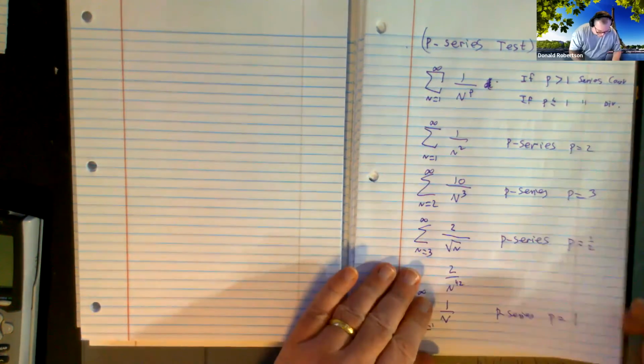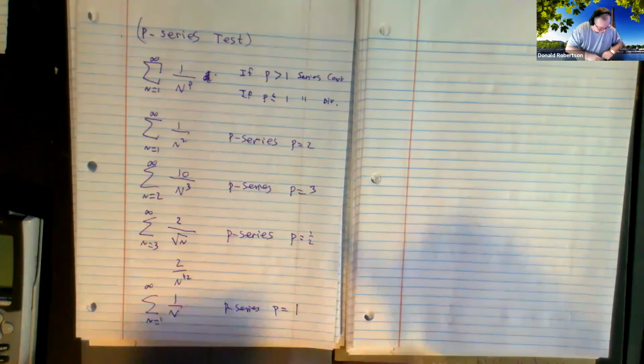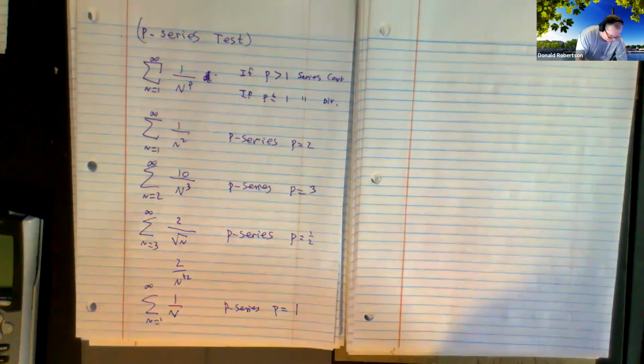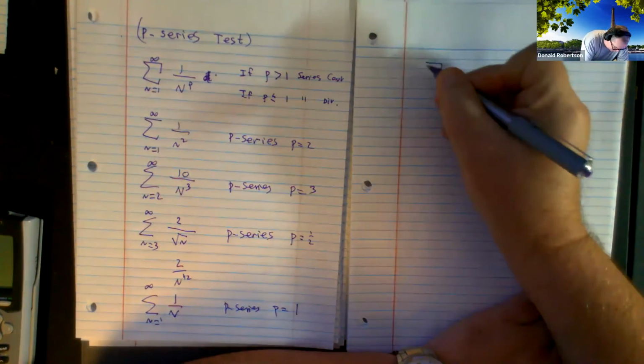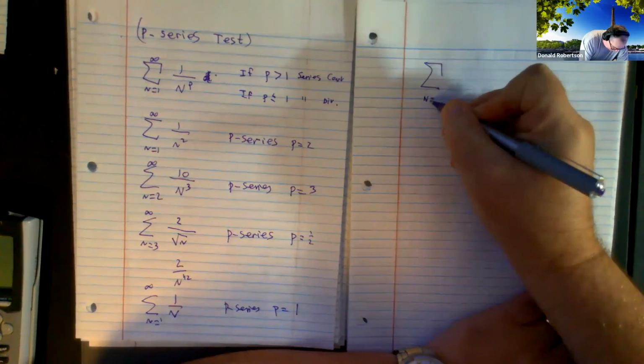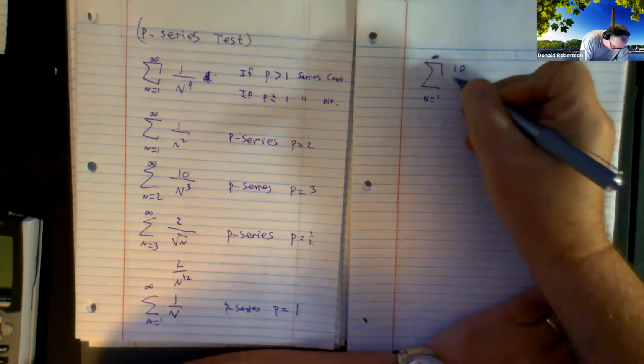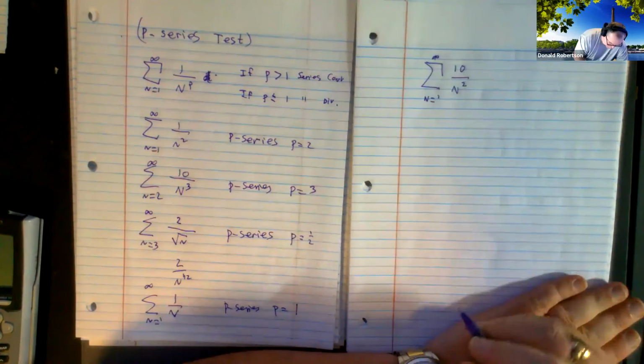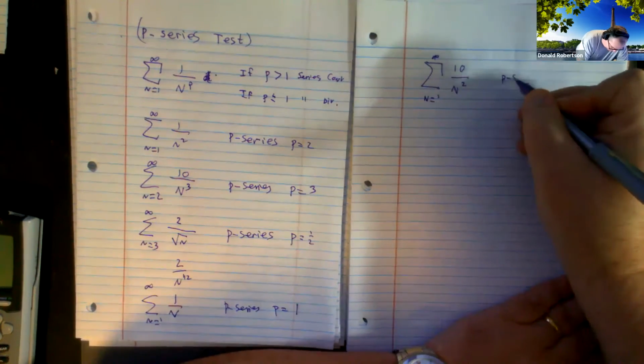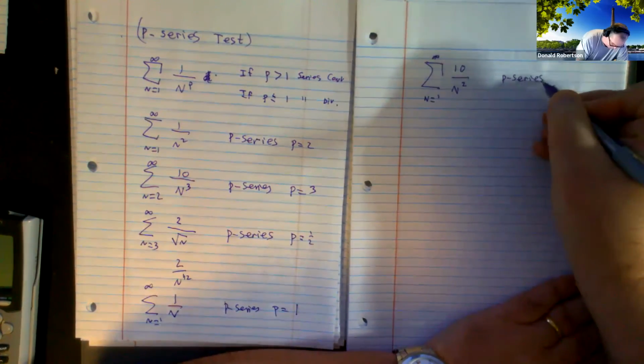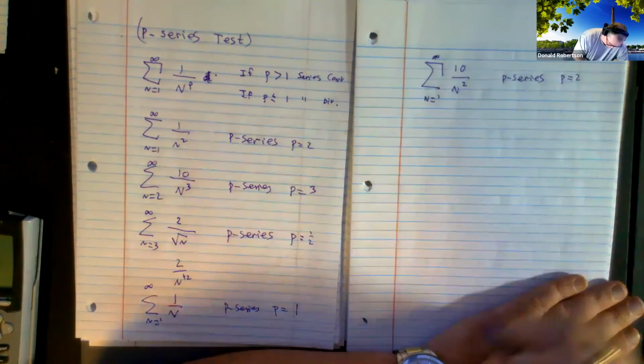And so how would you officially do it in an exam? Not a lot. This is what I would expect to see. If you had a series that looked like this, just for argument's sake, you would just write down it's a P series, P equals 2.